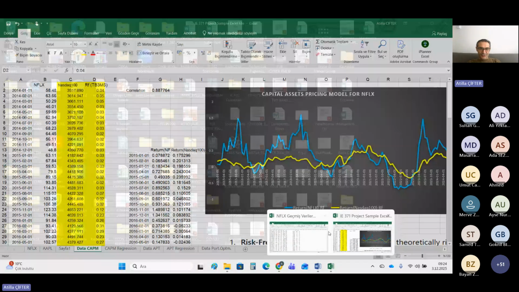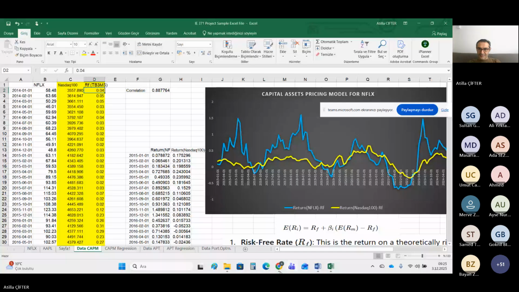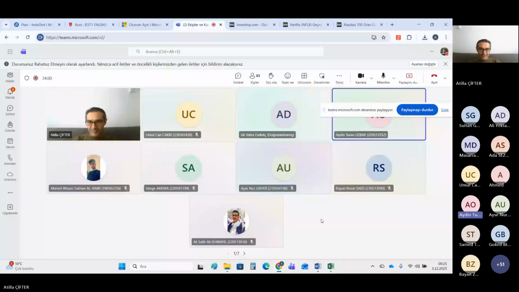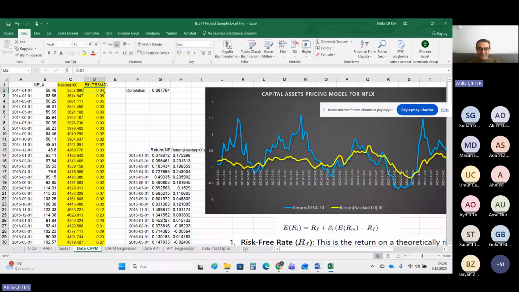I have a question. Yes. For the regression part, regression analysis, should we calculate both of the firms or only one of them? Okay, for regression analysis, you have two firms, first firm and second firm in the Excel file.